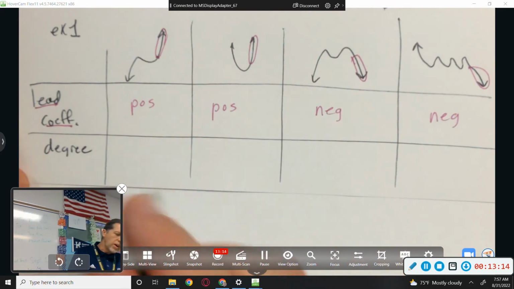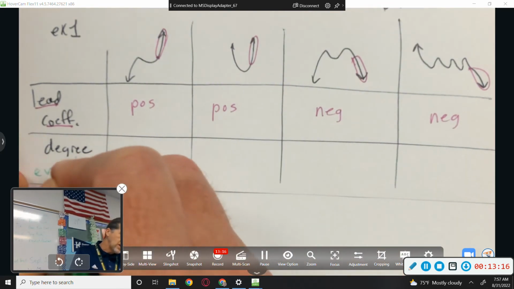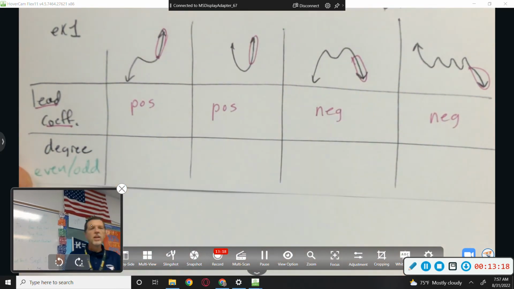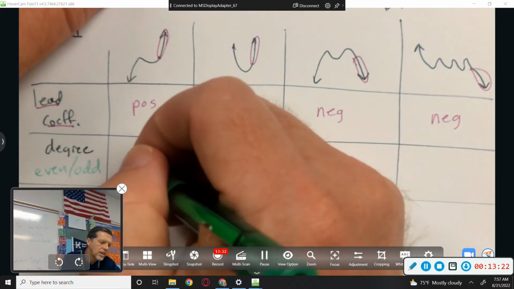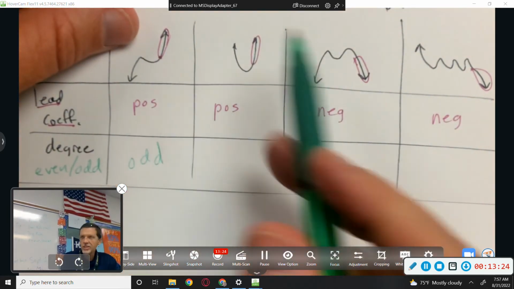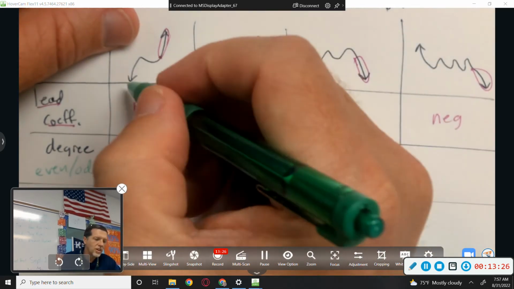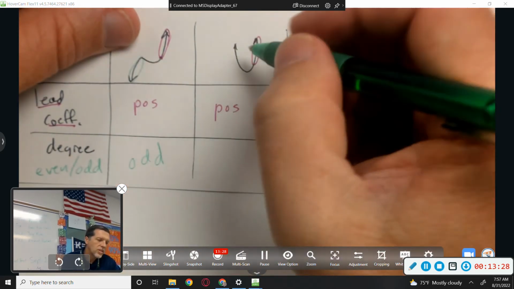Degree, we're not talking positive, negative, we're talking even, odd. So what's the degree of the first one? Odd. Either because you know it looks like a cubic, or because they are going opposite directions.